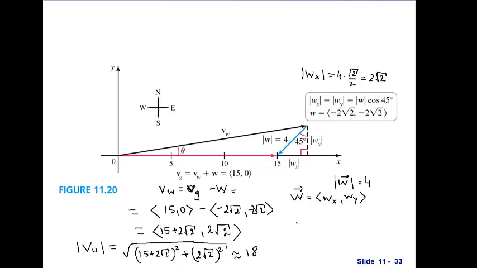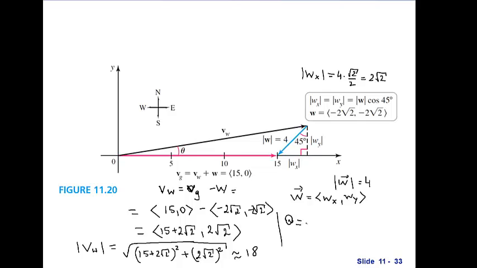The heading of a boat is given by an angle theta between Vw and the positive x-axis. The x component of Vw is 15 plus 2 times square root of 2, and the y component is 2 square root of 2. Therefore we need to find an angle theta.